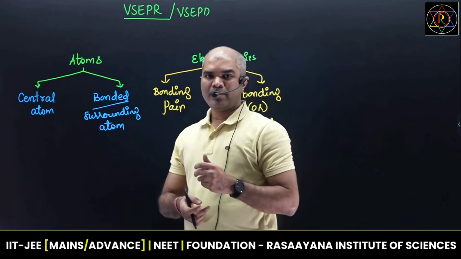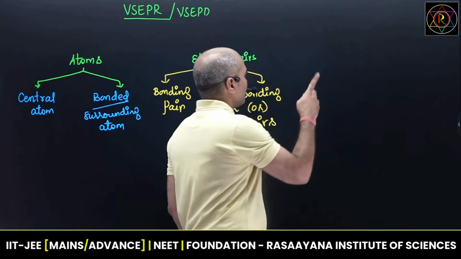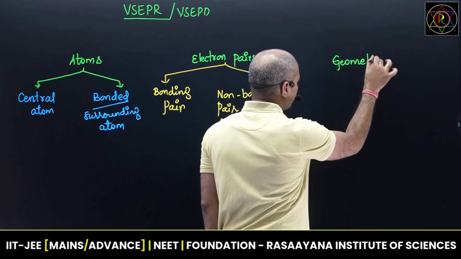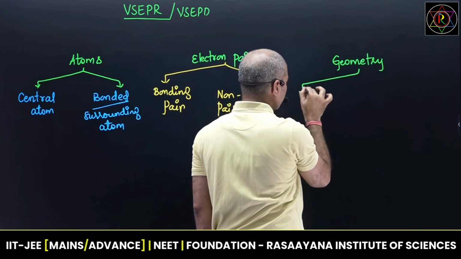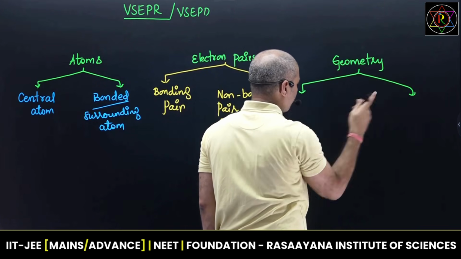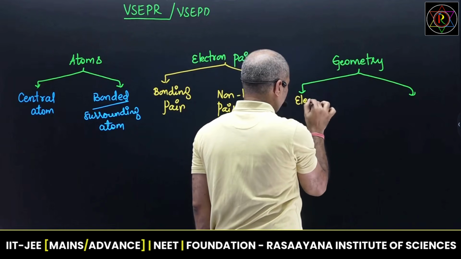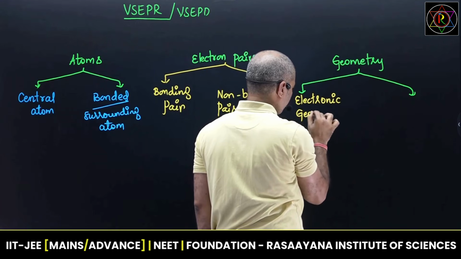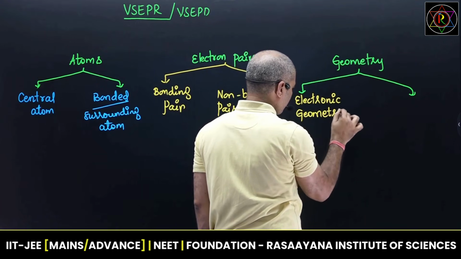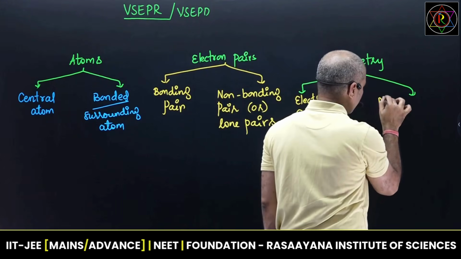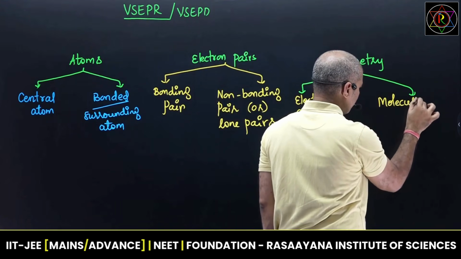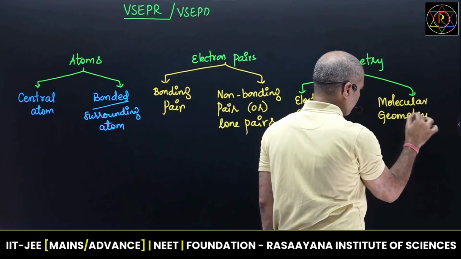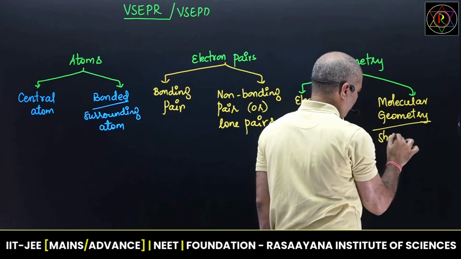To get the geometry, there are two different types of geometries. These are classified into two. One we call electronic geometry, and the other we call molecular geometry, or simply shape of the molecule.